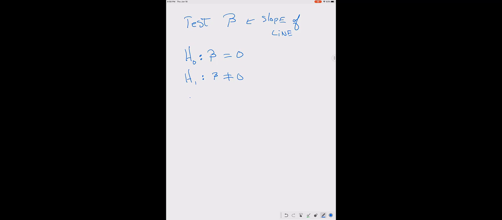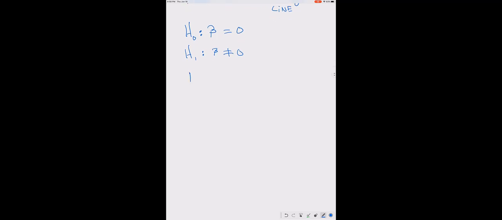So that's also true in this case for multiple regression, except for we are testing each individual slope separately. So beta 2 for this question is equal to 0, as opposed to the alternative hypothesis that beta 2 is not equal to 0.